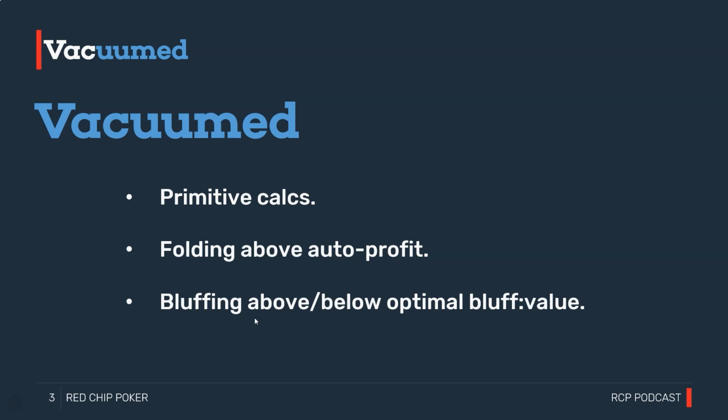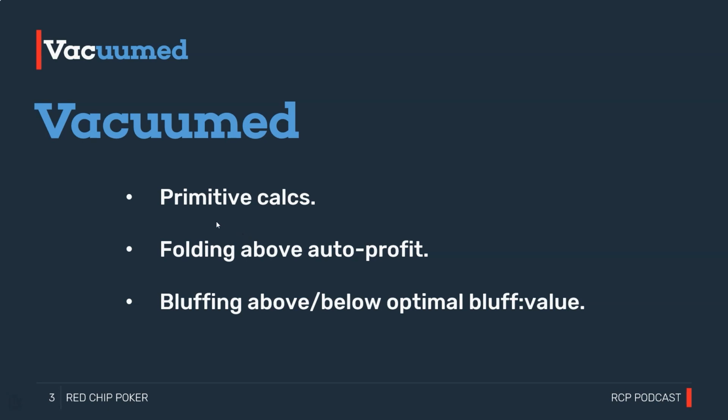So the way vacuumed EV analysis works is we have a look at the pool data, could be a river situation, for example. Are our opponents folding above the automatic profit threshold in a specific river situation? If the answer is yes, they're exploitable and we may be able to fire any two cards as a bluff. If the answer is no, then we can exploit them by not bluffing.